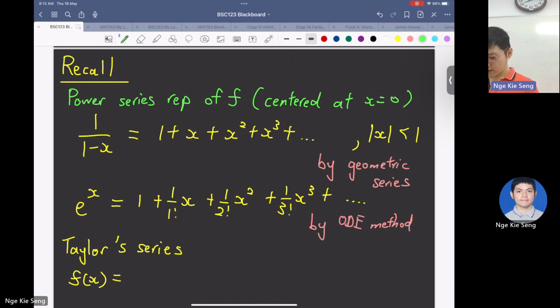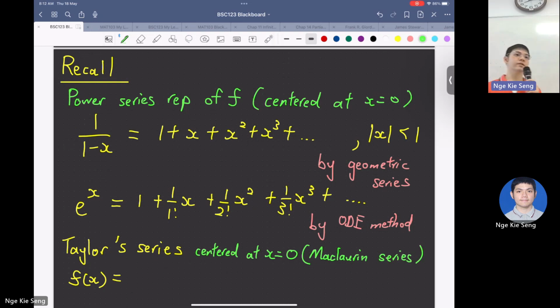So now we want to look at the Taylor series centered at x equals 0. Another term for this is the Maclaurin series. So if you are asked to find the Maclaurin series, it's just the Taylor series centered at 0.